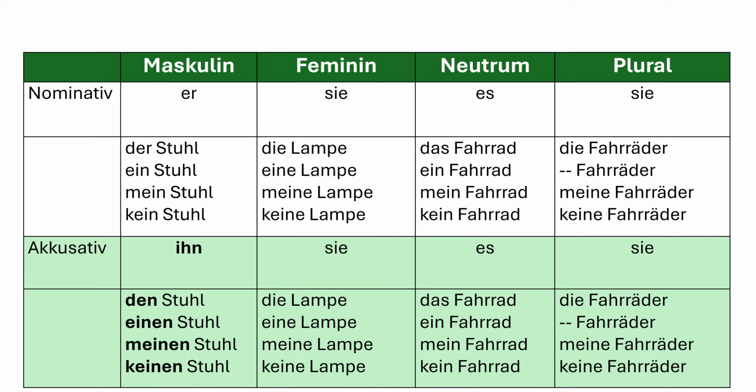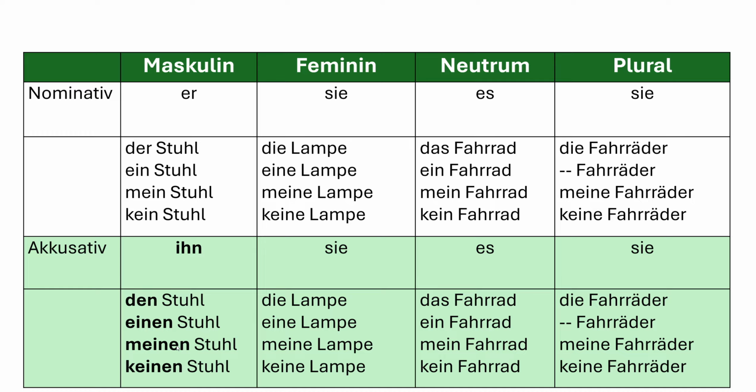If you go across the row here, you'll see mein Stuhl, meine Lampe, mein Fahrrad, meine Fahrräder. So once again, where you have an E at the end of ein, so eine Lampe, you would have an E at the end of meine Lampe. So it's mein Stuhl, meine Lampe, and so on.